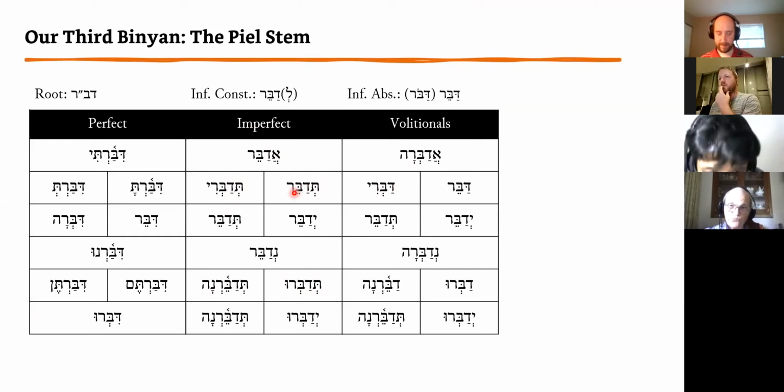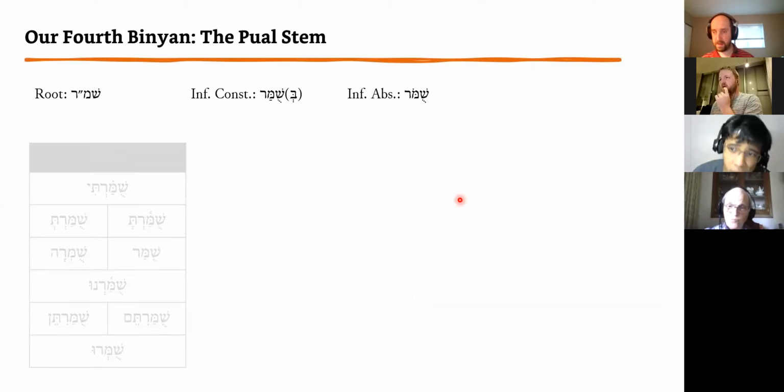So tedaber becomes daber. Tedabri, you will speak, speaking to a woman, becomes dabri. You just take that taf off of it. So tedabernah becomes dabernah, and tedabru becomes dabru. So that's why we have this in the imperative. Okay. So let's go back to that.